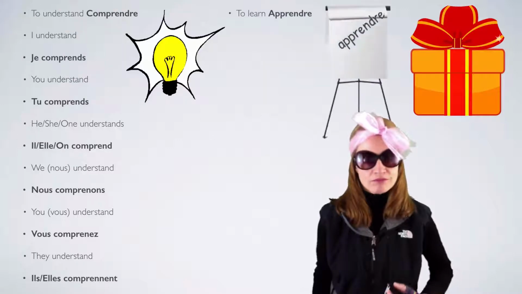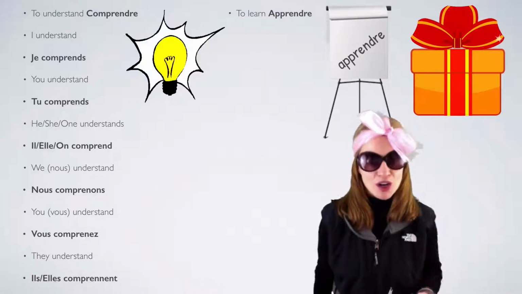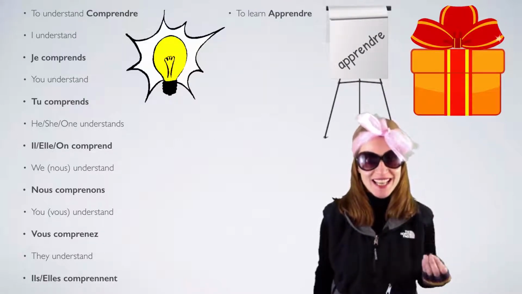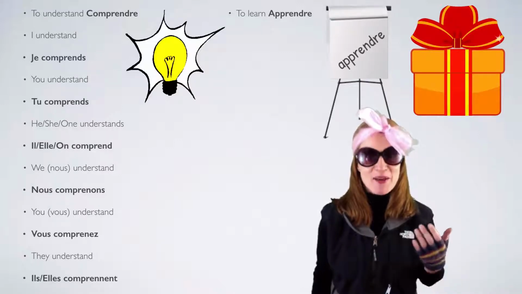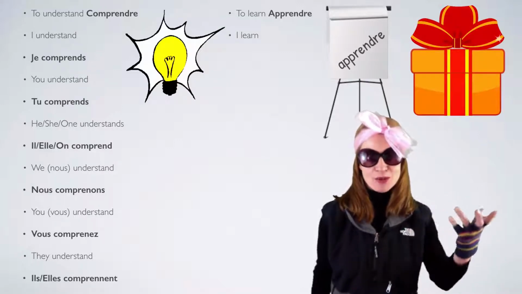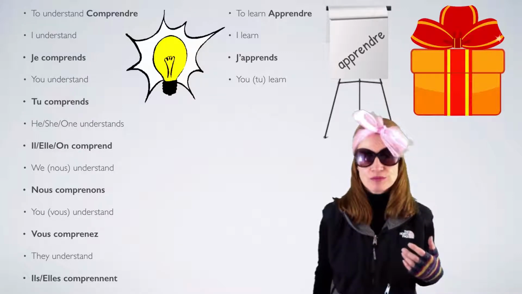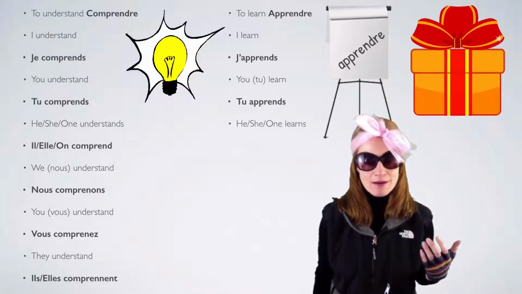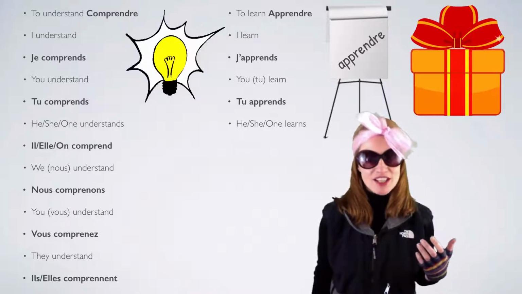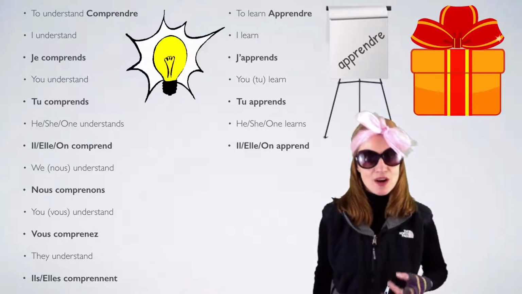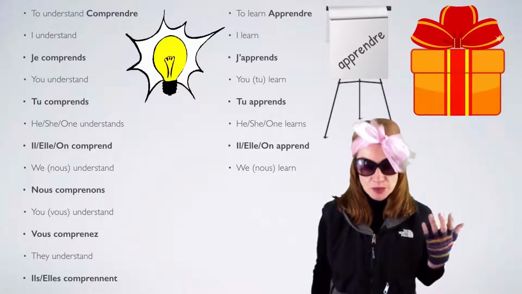comprennent. To learn is apprendre. You've got the word prendre in there. It's conjugated the same way. I learn, I am learning, I do learn. J'apprends. You learn. Tu apprends. He, she, one learns, is learning, etc. Il, elle, on apprend. We learn using nous.